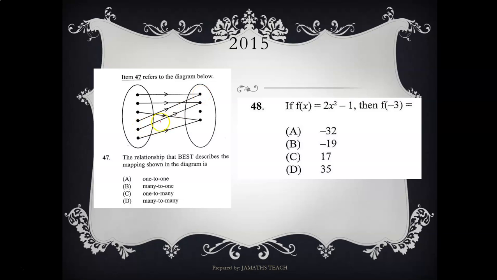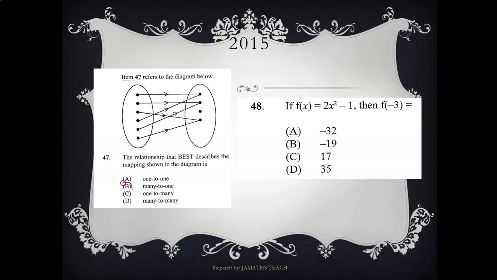And we have this one going to that one. Then we have this one going to that one. So we do not have one going to more than one, right? But we have more than one going to the same one. So our answer would be B. That is many to one.